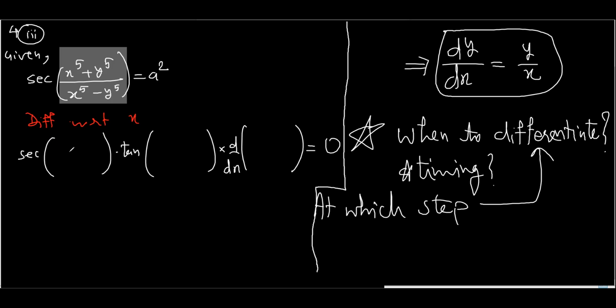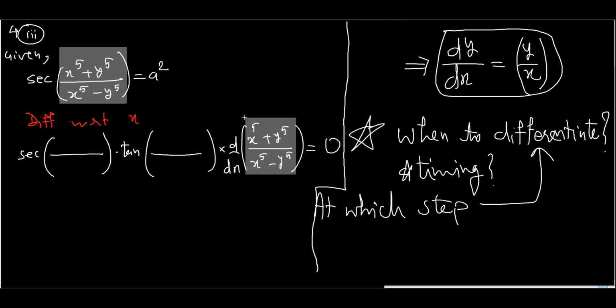But don't you think what you now have is going to put you in big trouble? Why big trouble? Because having solved this, finally you want to end up with y by x. You will have to apply the division rule here, and then you also will have to manage all this.